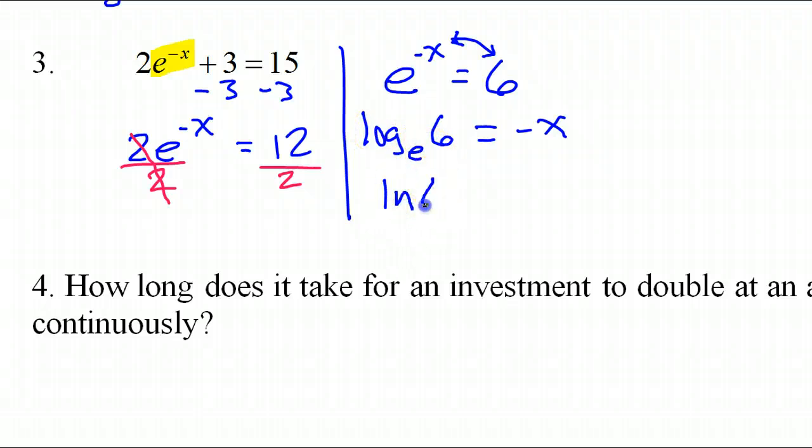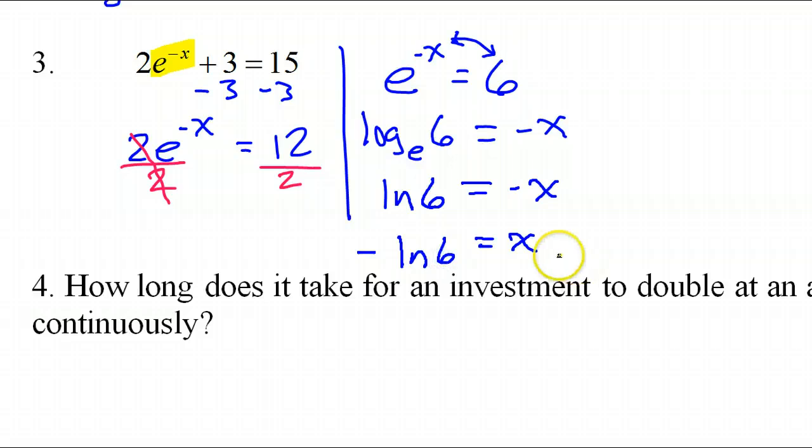Anyway, you're right, we don't write log base e. That means natural log. So this is the natural log of 6 is equal to negative x. Which means that x is equal to the opposite of the natural log of 6. Technically, you could say I multiplied both sides by negative 1, or if you like to think of it as dividing by negative 1, either way, both signs change.